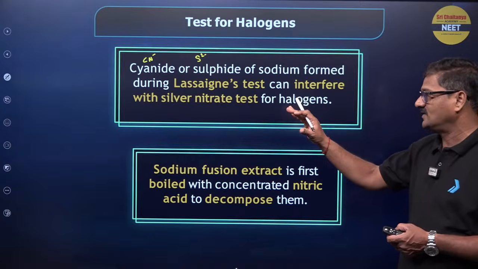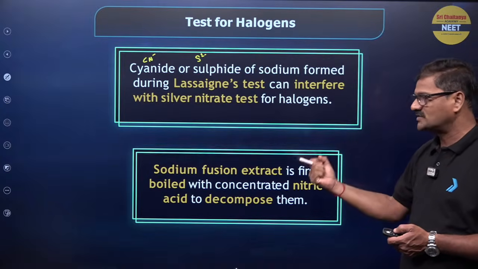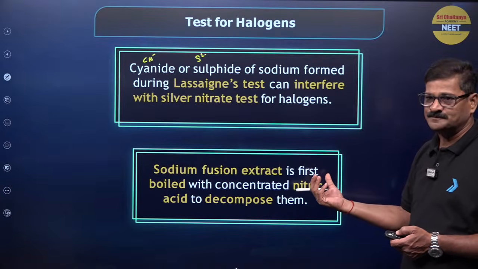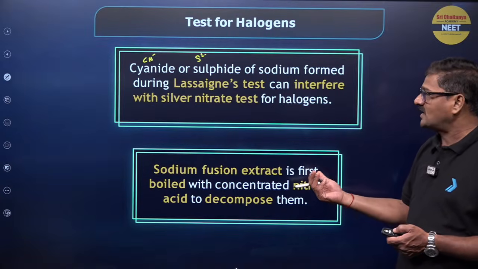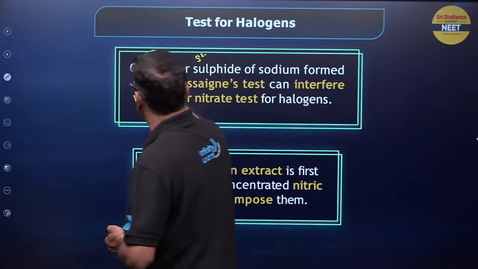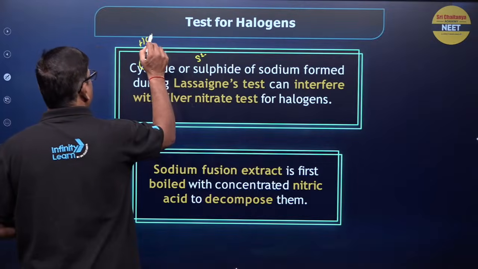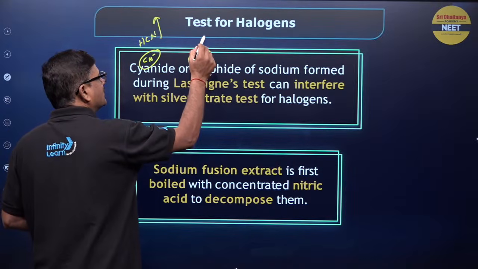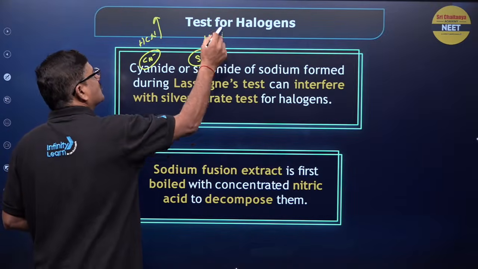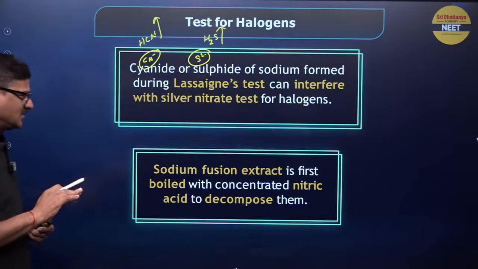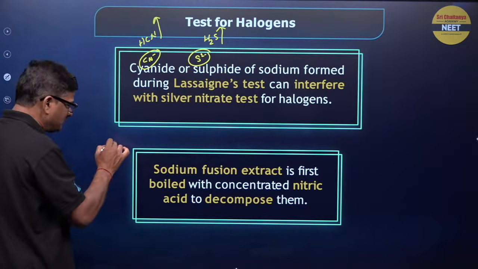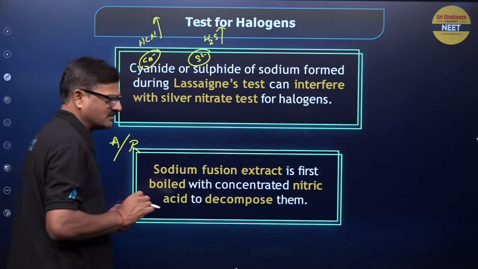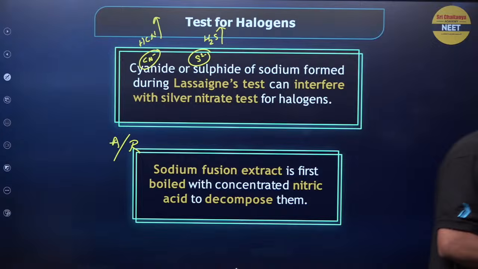So the sodium fusion extract is first boiled with concentrated nitric acid, so that cyanide will be converted into HCN, which can be expelled out, and S2 minus will be converted into H2S, which can be expelled out. So assertion and reasoning type questions are very, very important.